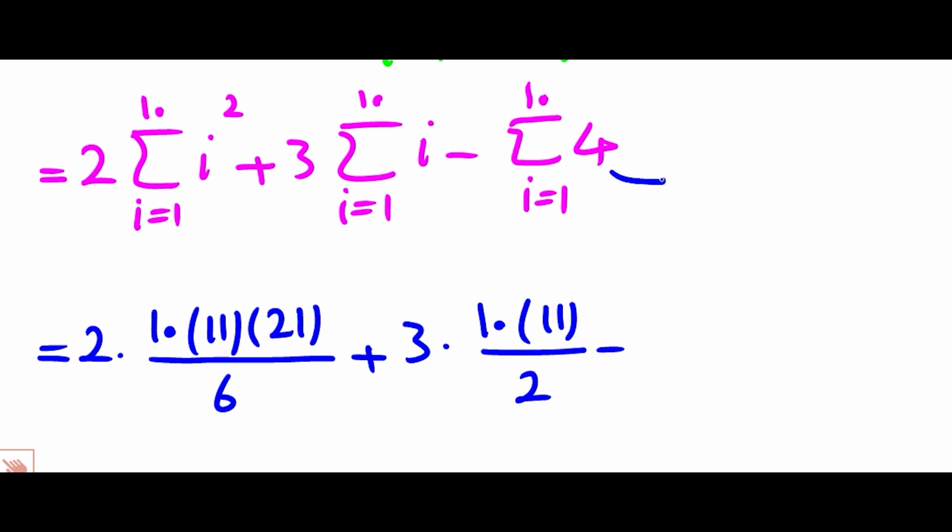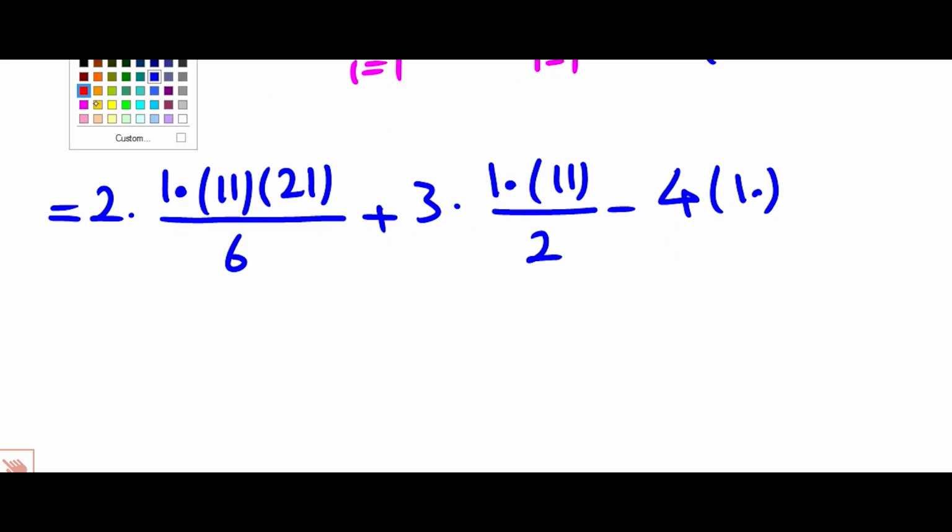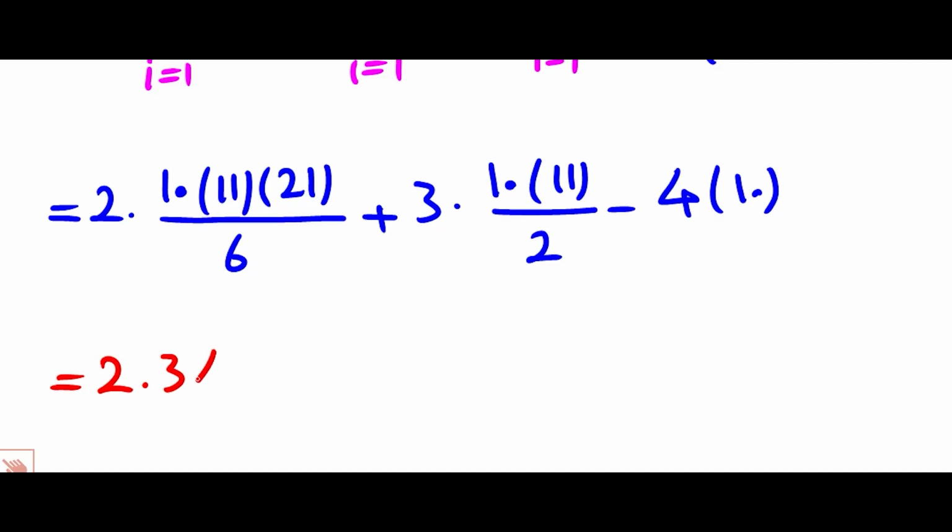The number of terms is 10 minus 1 plus 1 equals 10. So we have minus 4 times 10, right? So we have 2 times this fraction, which is 385, plus 3 times 55, minus 40.